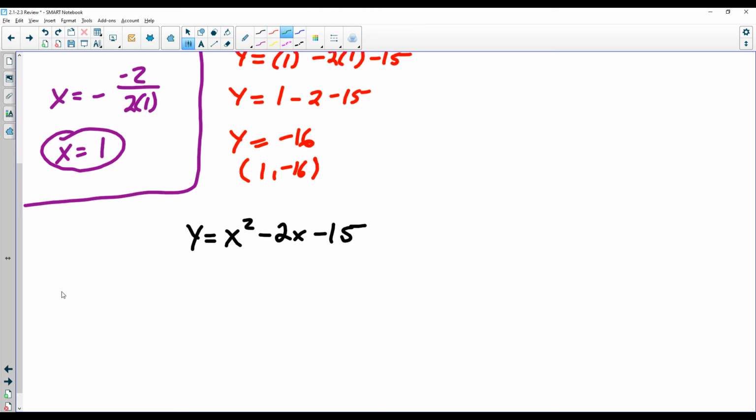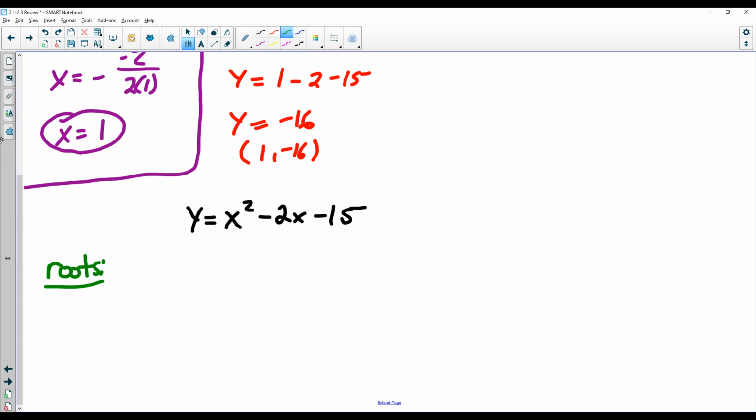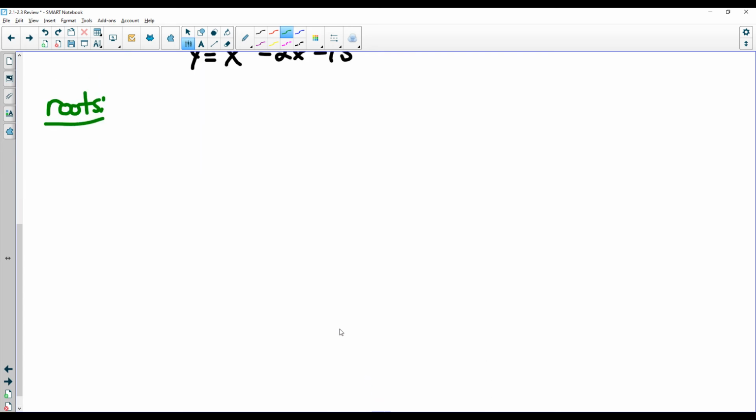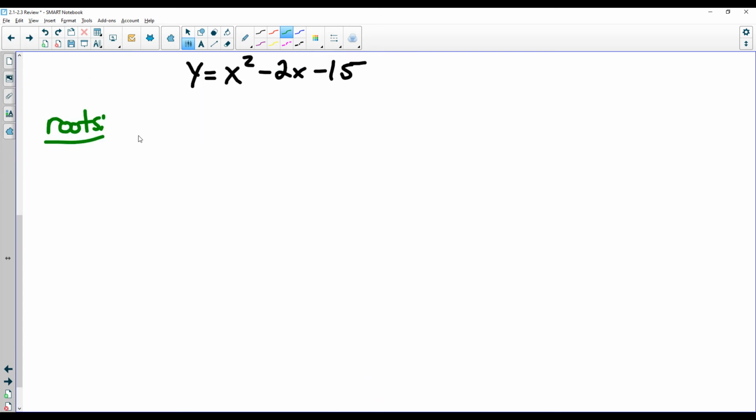And now let's do the roots. So the roots was the same thing as the x-intercepts, and to find those, we were just going to set y equal to 0. So when we do that, we get 0 equals x squared minus 2x minus 15.